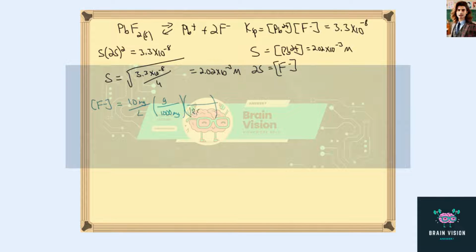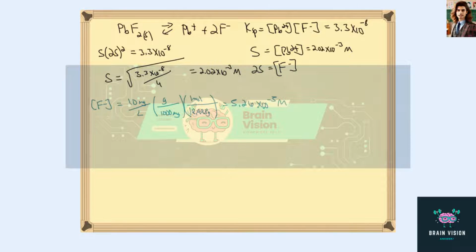So 18.998 grams gives us 1 mole. This will then give us moles fluoride per liter, or 5.26 times 10 to the negative 5 molar.